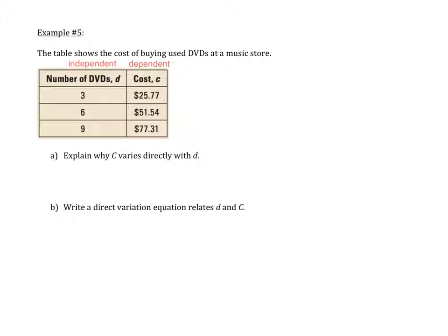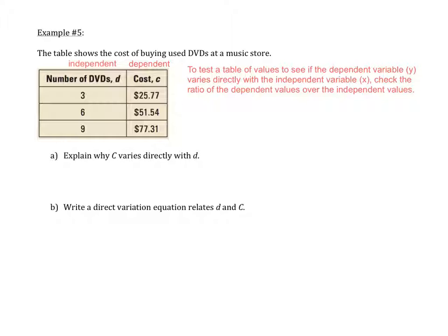And now let's talk about how you test a table of values to see if the dependent variable varies directly with the independent variable. Again, to test a table of values to see if the dependent variable, which is usually the y value, varies directly with the independent variable, which is usually the x value, check the ratio of the dependent values over the independent values. So basically you're just going to take your dependent variable divided by your independent variable and see if you get a constant value.